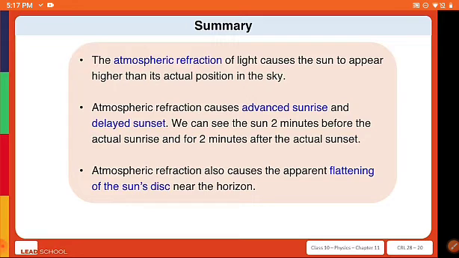Atmospheric refraction always delays sunset. We can see the sun 2 minutes before actual sunrise and 2 minutes after actual sunset. It is due to atmospheric refraction. The atmospheric refraction also causes the apparent flattening of the sun's disk near the horizon. So that is the reason.